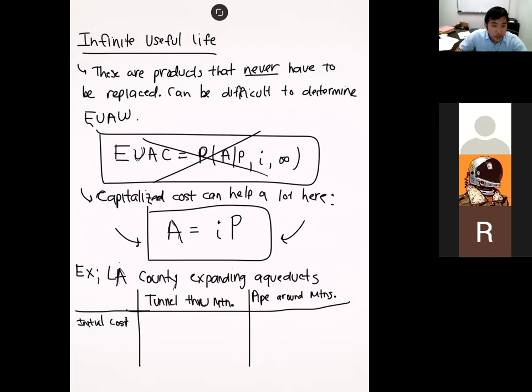To dig a tunnel through the mountains, it's going to have an initial cost of 5.5 million. But to build a pipe around the mountains, it's going to cost $5 million.